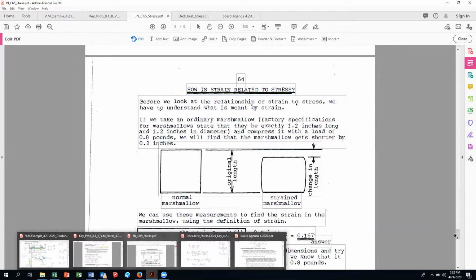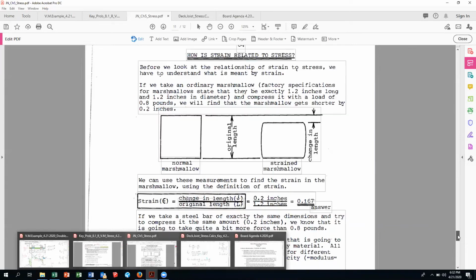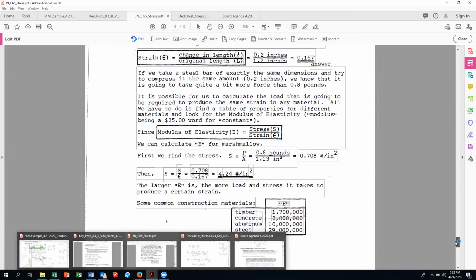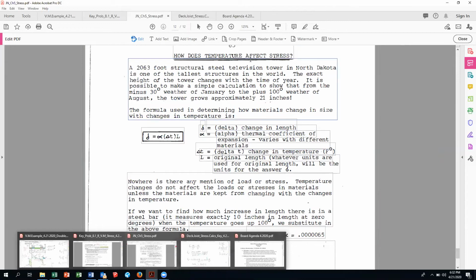Now, one thing you're also going to see on the test is the back page of this. This is page 64. So we went over this in depth. We did our very, very technical test on a marshmallow to see what its modulus of elasticity is, which is a measure of a material stiffness versus the moment of inertia, which is the shape stiffness. Okay, but on the next page after this, I did put a question on the test using this formula.